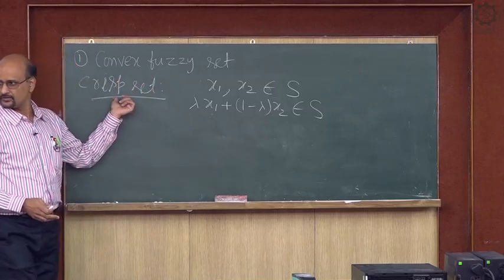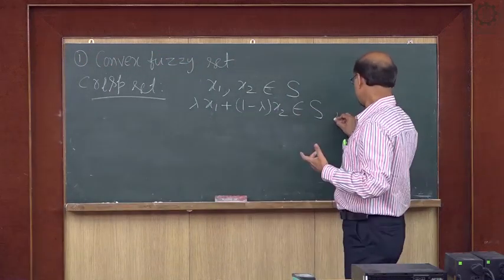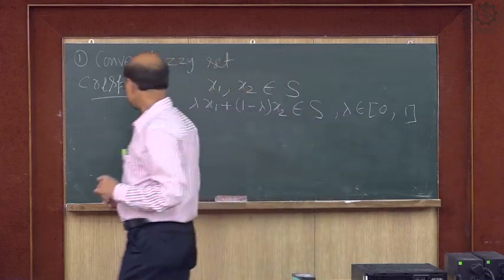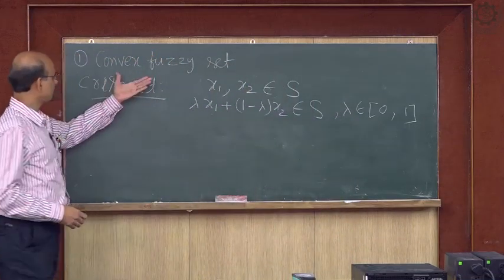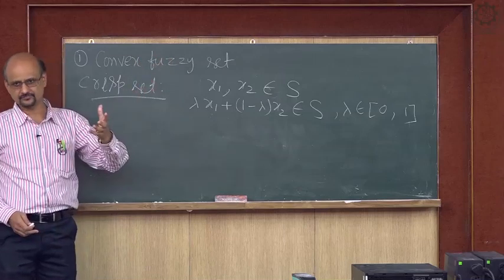Okay. So, then we said this is convex, where lambda belongs to 0 1. Okay. So, this we know.